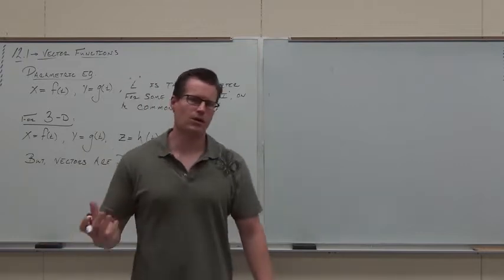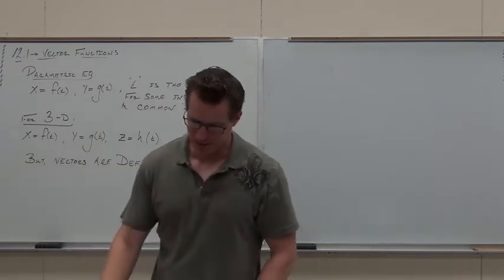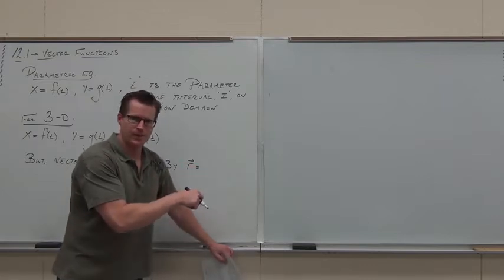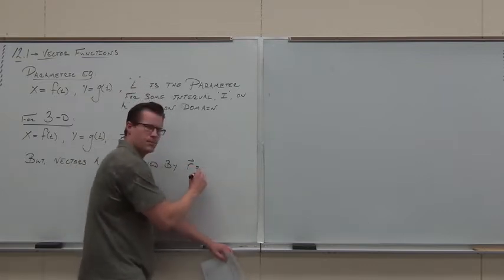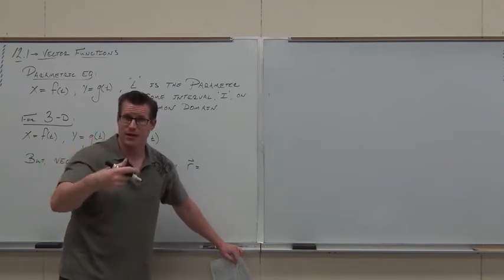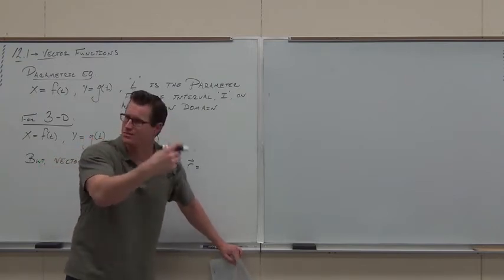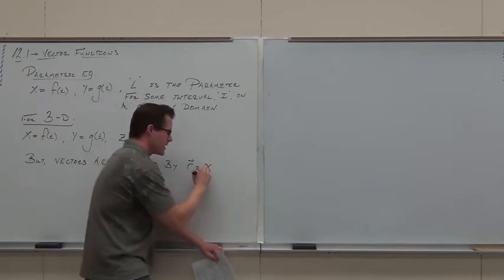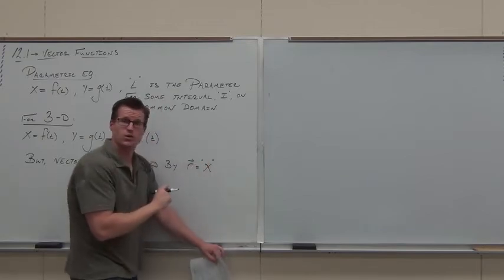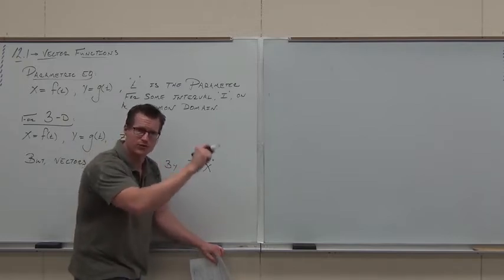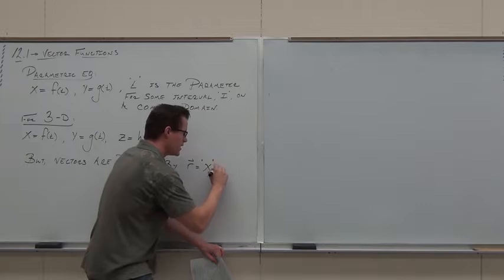A vector R, if I had this random vector R, and I said, how do vectors look? Well, vectors look this way. They have, what comes first, x, y, or z? X. They have an x coordinate, they have an x component. In fact, honestly, this x is literally the x coordinate of the point because vectors are always defined by the terminal points for position vectors, and then that little i.